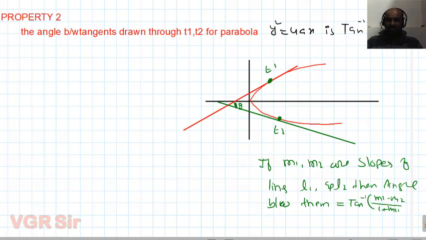If you want the acute angle, we need to use the modulus here. So by using this formula I can derive this. I just want to find the slope of tangent at T1 and the slope of tangent at T2.